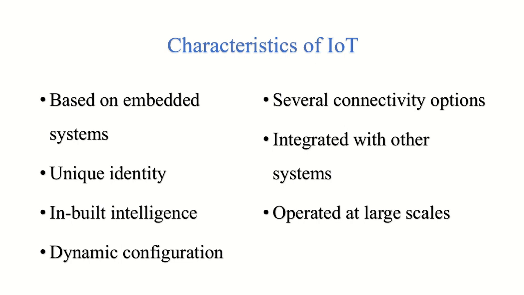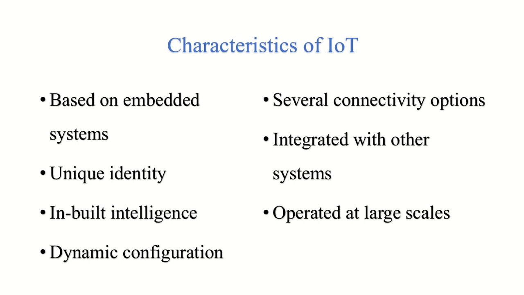Like if you are wearing a band, it will be operating under some different operating system. But at the same time, the device which will be used for home automation will be different.